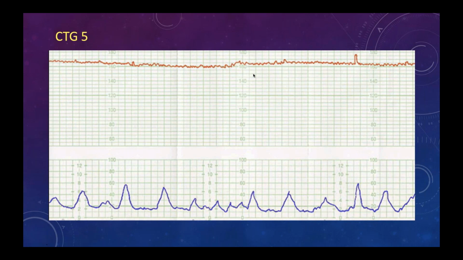The variability is 5, and below 5 sometimes, but not more than 50 minutes. And there are no decelerations. So how many abnormal features do you have?